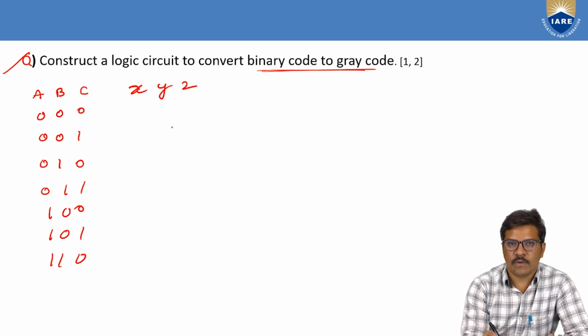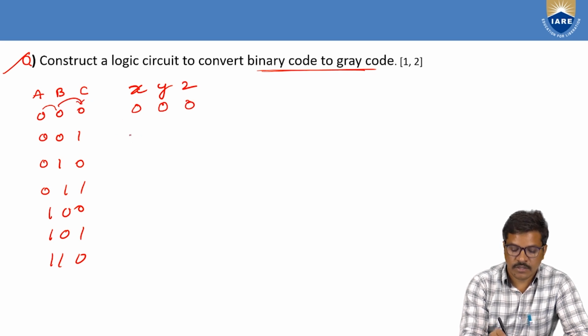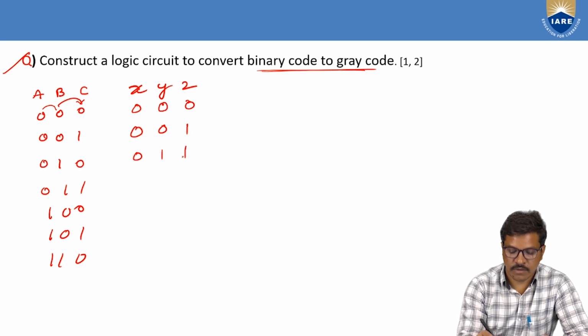So you know how to convert to gray code. Take the MS bit as it is, and the XOR operation of 0 and 0 is 0, like that. Next, 0 XOR 1 is 1, 0 XOR 1 is 1, 1 XOR 1 is 0.